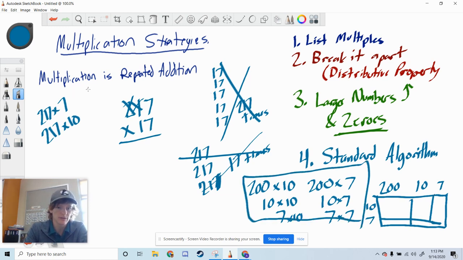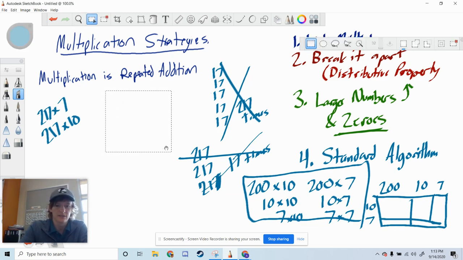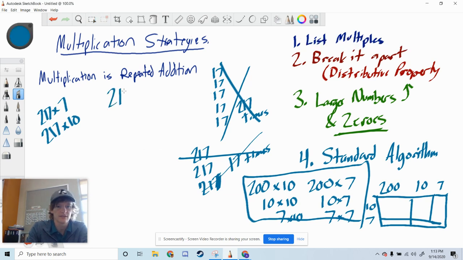But you were probably taught mostly using the standard algorithm, using 217 times 17. But I wanted to point out that this method that your teachers showed you, this method that your parents probably know how to do, and they're probably really good at it, is really no different than what we have over here.